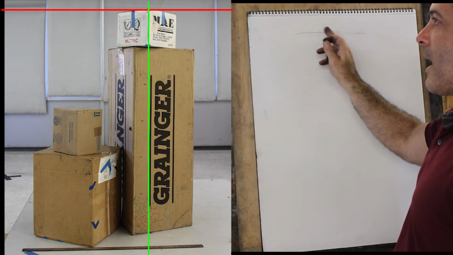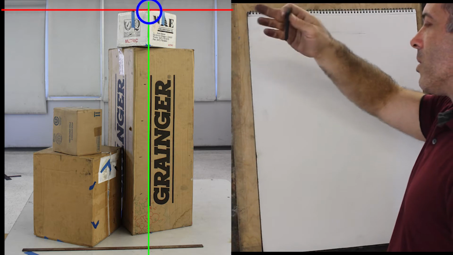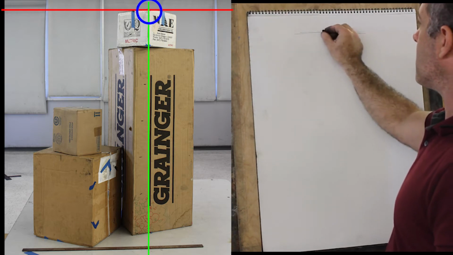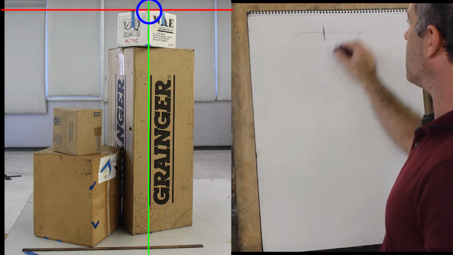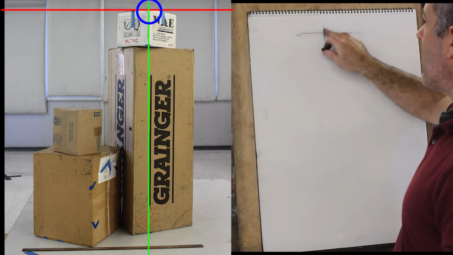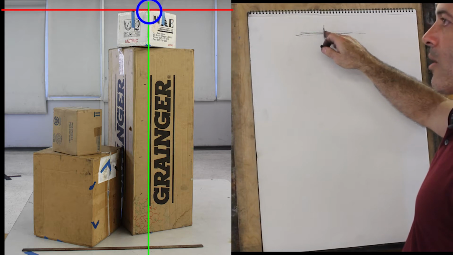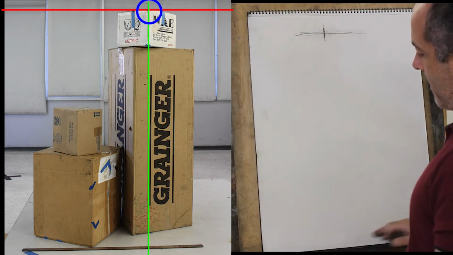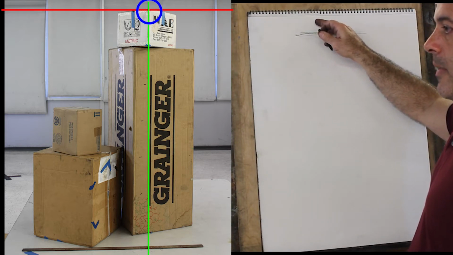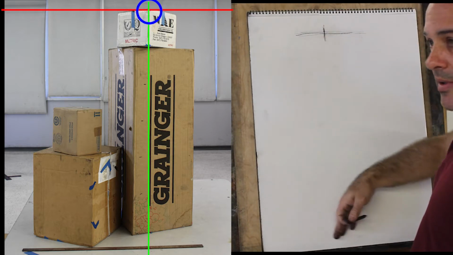And I'm looking right now at the top corner, the middle corner of the white box. And I'm going to say that that corner is somewhere around here. I'm not really trying to draw the box. What I'm trying to do is know where that corner is so that I can compare it to the rest of the boxes and, of course, the proportions of my drawing.